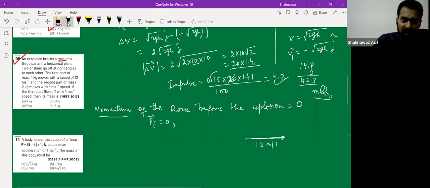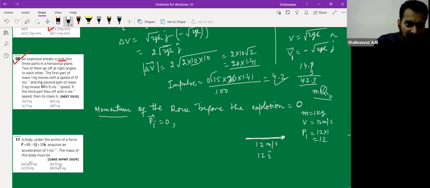Mass is 1 kg and velocity is 12 meter per second. Let's say P1. So 12 into 1, 12, right? And in this direction, let's say I hat. So 12 I hat.